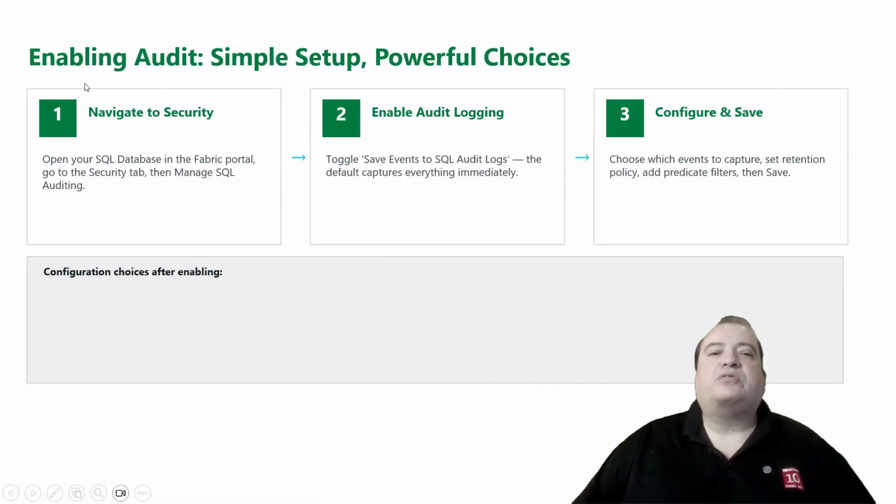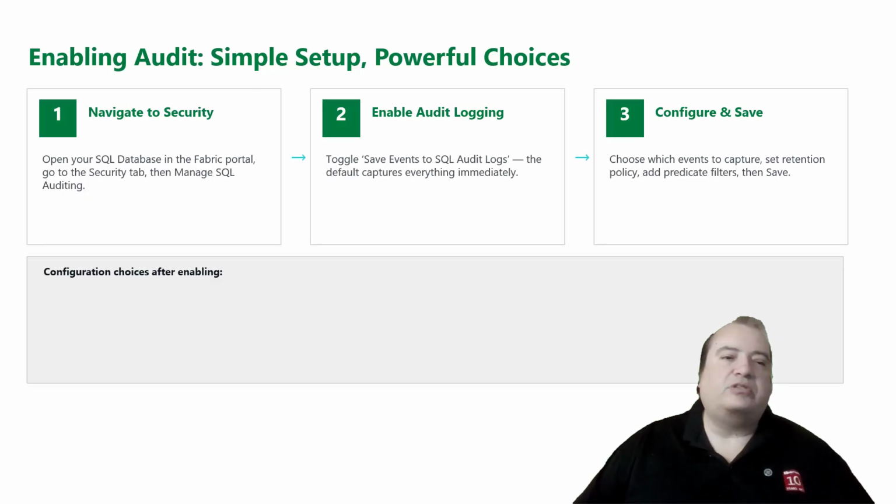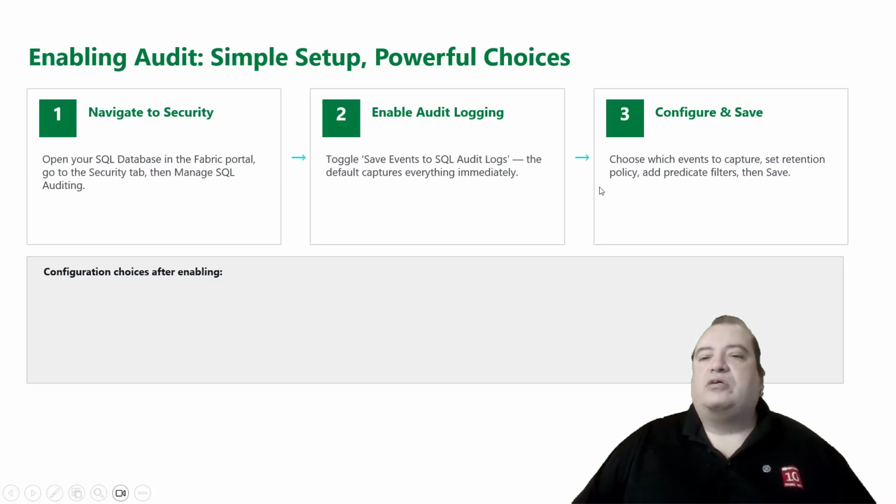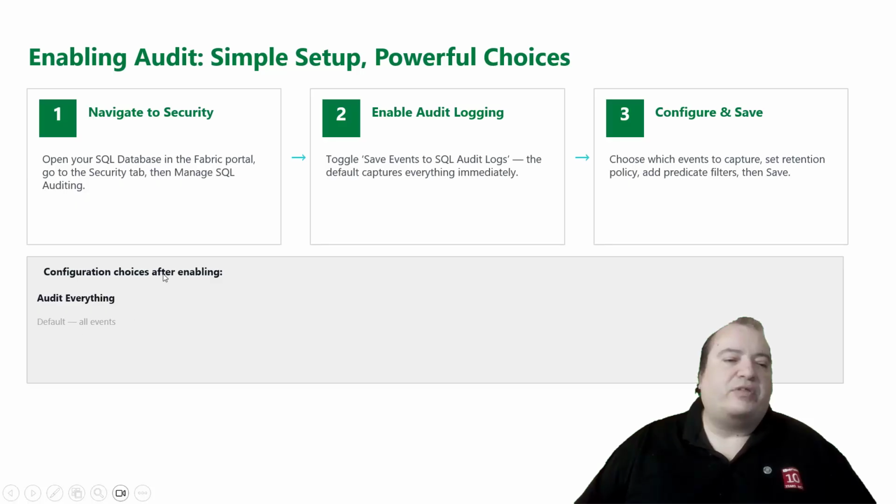So the process of enabling the audit is simple. We navigate to Security in the Fabric database, enable the auditing logging, configure the events that we want to log, and save the auditing configuration. What options do we have? We have the option to audit everything, all the events.